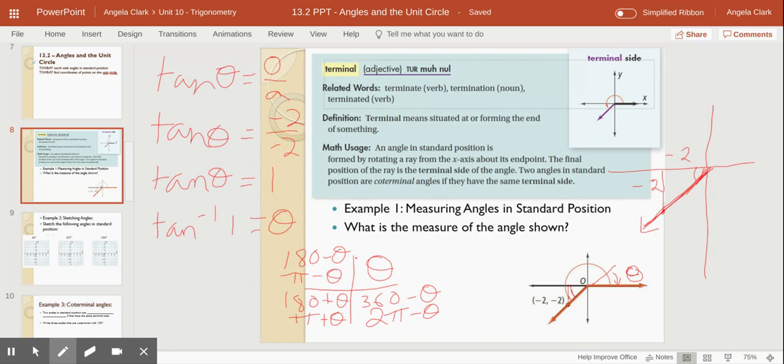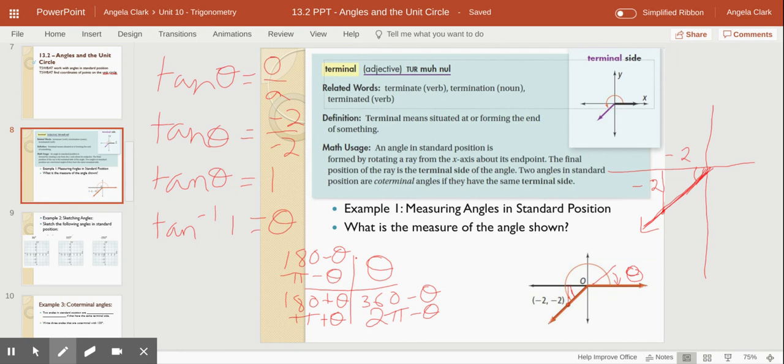So putting that in a calculator, the inverse trig functions are usually right above the trig functions on your calculator. So if you put shift tangent, that's inverse tangent. And 1, and it is in fact 45 degrees.